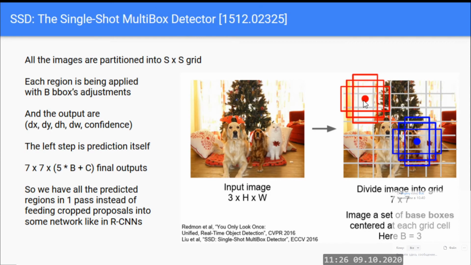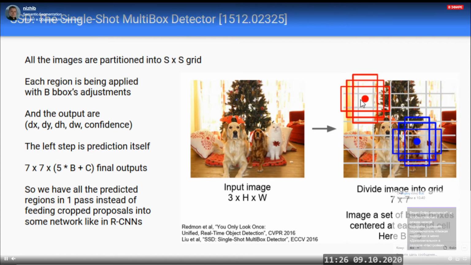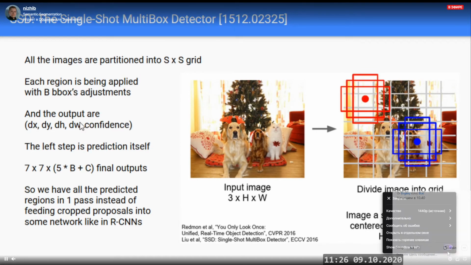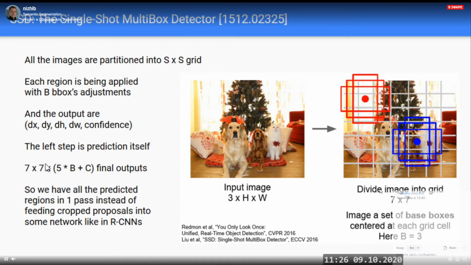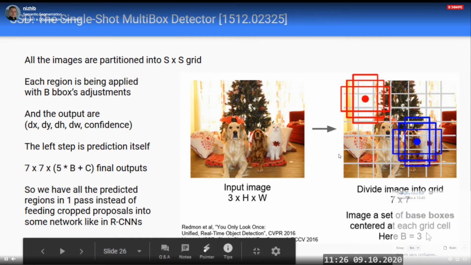So for each anchor we have five numbers: the bounding box coordinates, the bounding box dimensions, and the confidence, the probability of an object being present there. Then we have the 7x7 grid, and we have a different number of base boxes and class outputs.